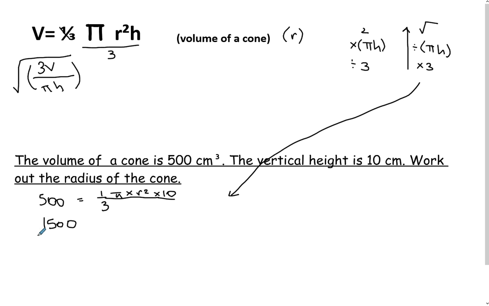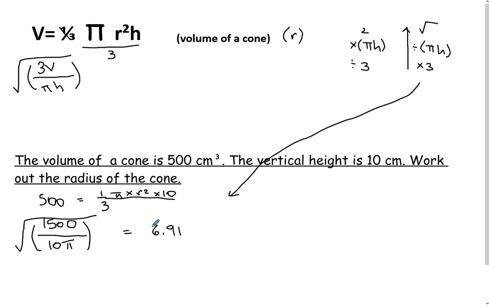We're going to divide by pi h, but the h is 10, so we've got 10 pi, and then we're going to square root that, and the answer would be 6.91.